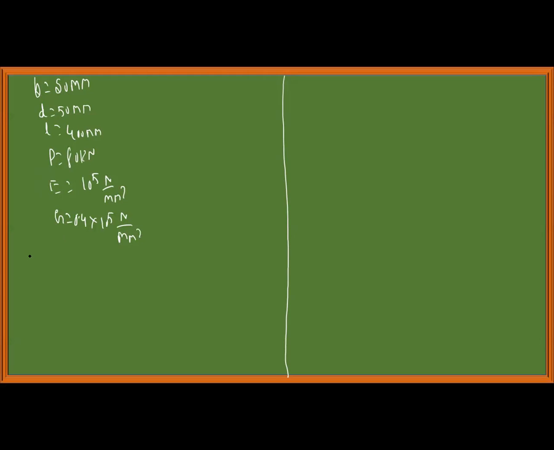Determine: number 1, bulk modulus K; 2, Poisson's ratio mu; 3, change in length, change in width, change in thickness, and change in volume of the bar. This is the given problem. Okay, bulk modulus. Which relation will you use to find the bulk modulus?